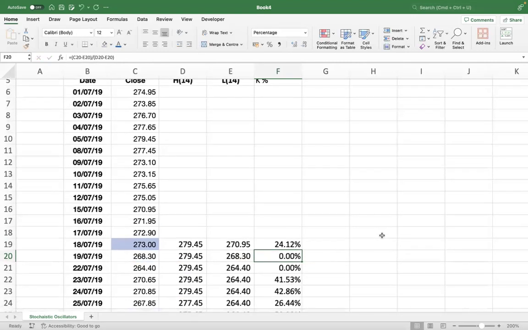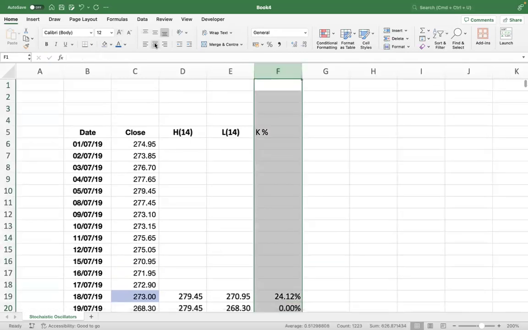Now, next step is to calculate the D line also.